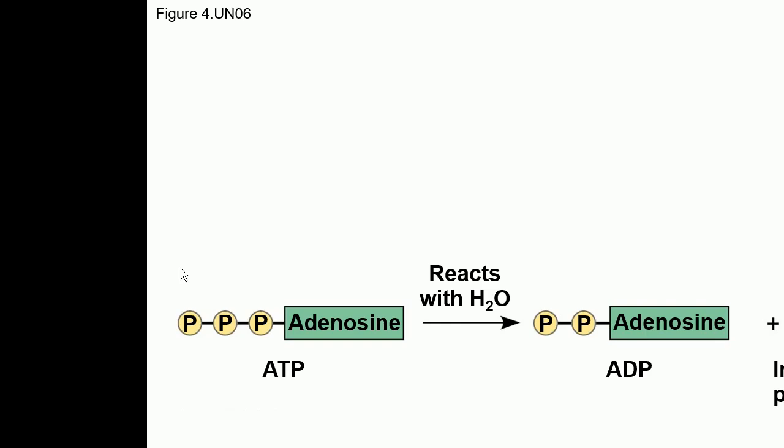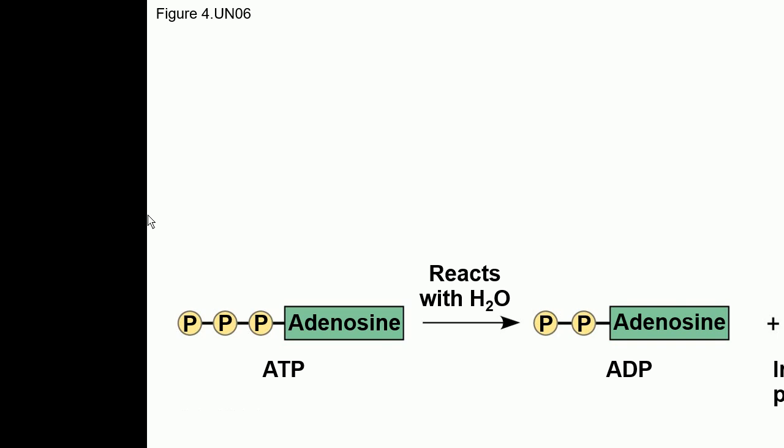So this is adenosine, and these are the 3 phosphate groups. Phosphate groups all have a negative charge on them. Because they all have a negative charge, they are going to repel each other, because they have the same charge, right? So to keep these phosphate groups together, a lot of energy is required.